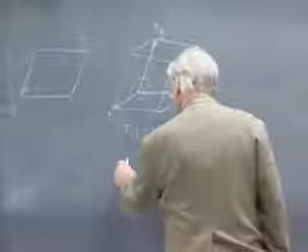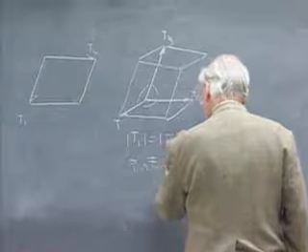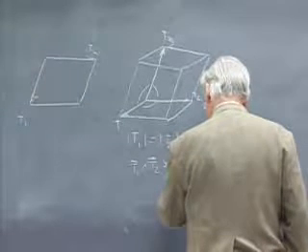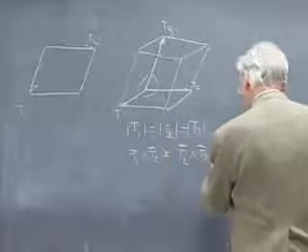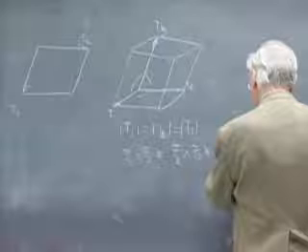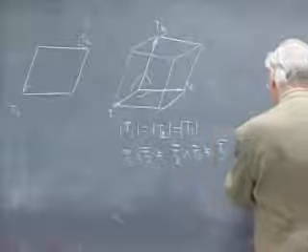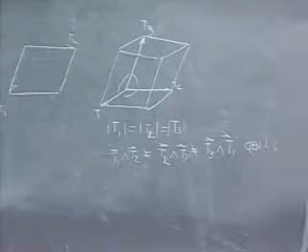Let me write them as the angle between T1 and T2, not equal to the angle between T2 and T3 necessarily, not equal to the angle between T3 and T1. And all of these angles are completely general and can assume any values that they like.